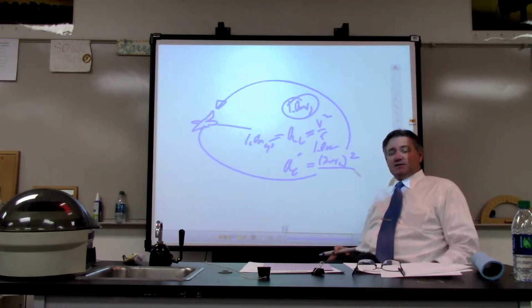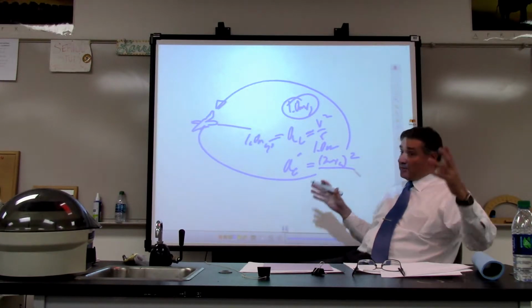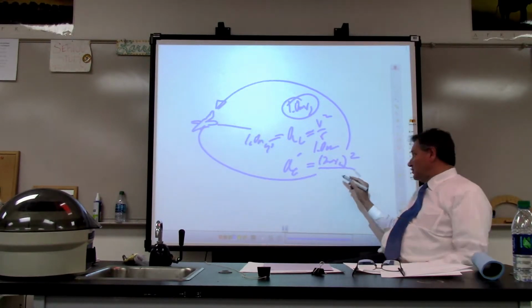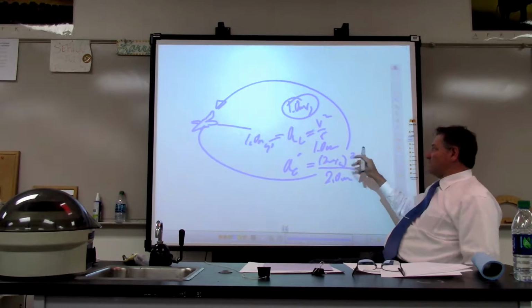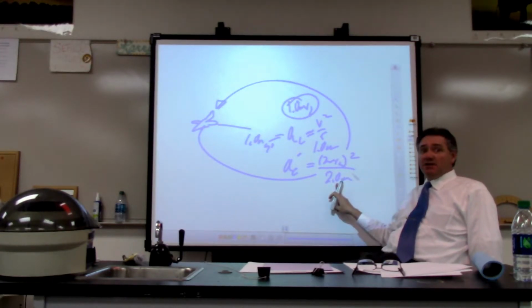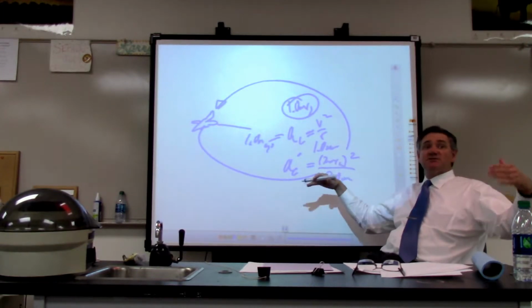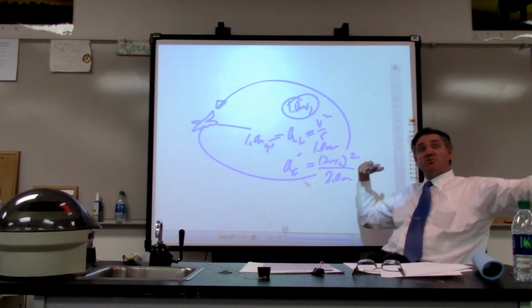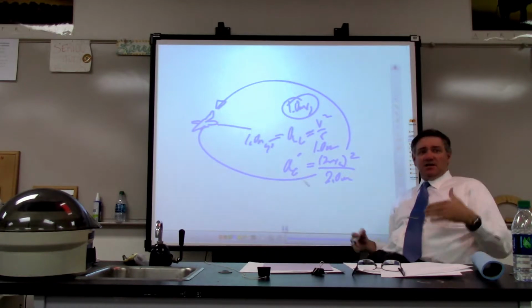What happens to my radius? It doubles. So now my new radius is 2 meters. So I've got 2 squared, which is 4, divided by 2, which gives 2. So my new acceleration is twice what it was at the beginning.